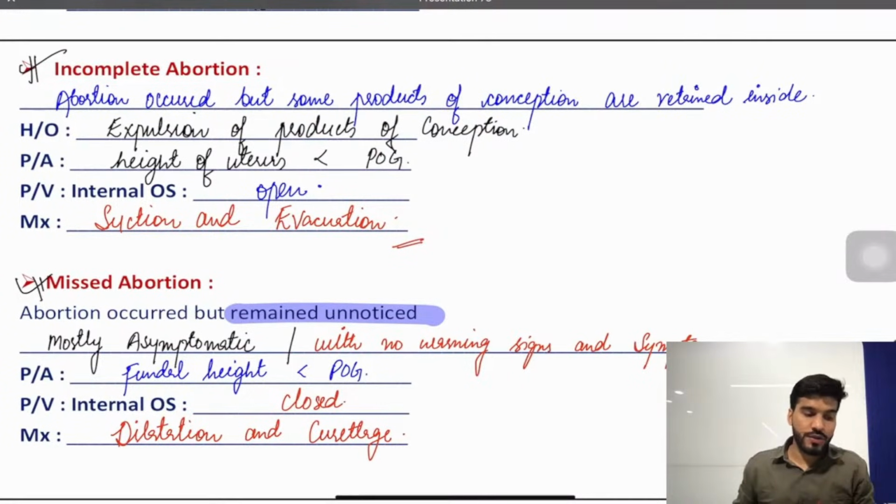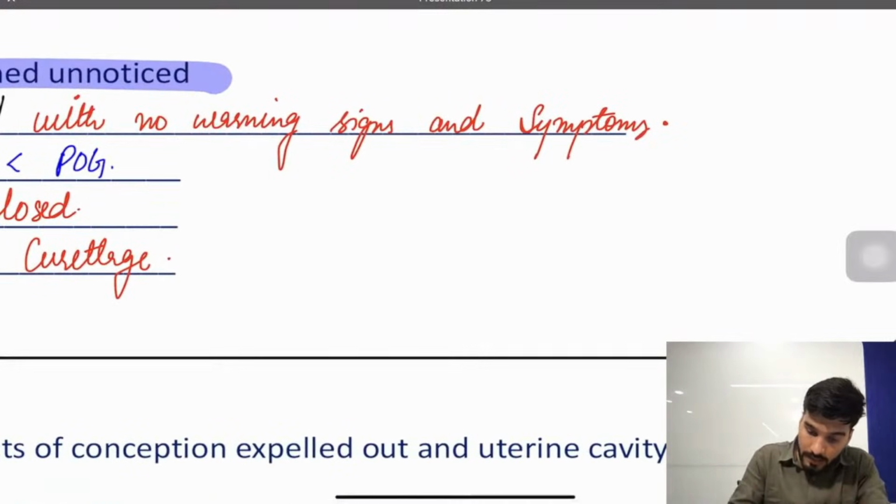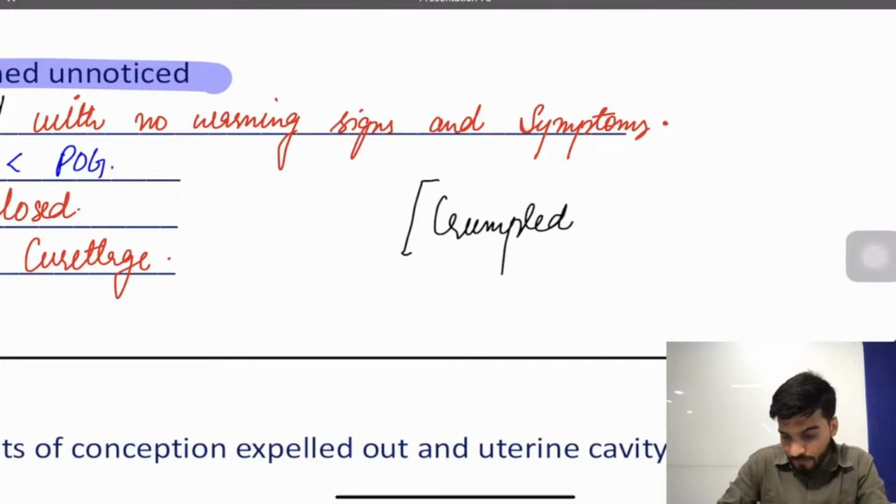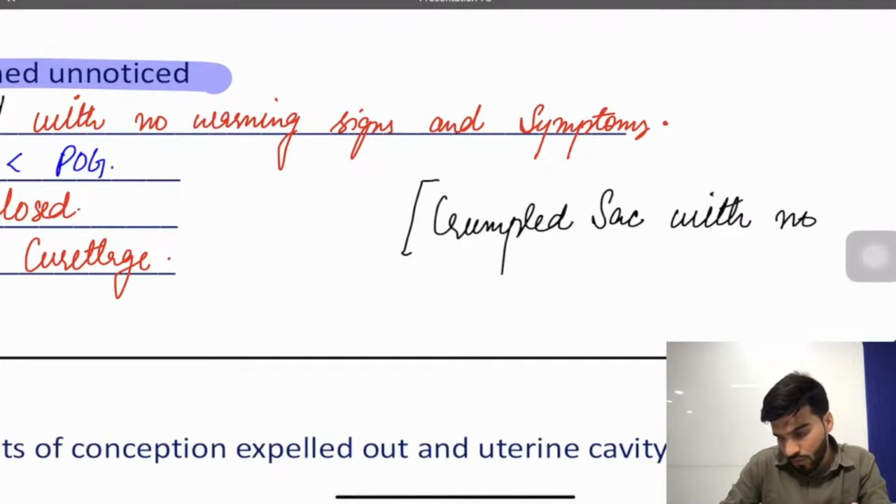Okay, so abortion remains unnoticed because there is spotting and there can be pain or no pain at all. It will be mentioned in the question that there's a crumpled sac with no cardiac activity. Remember the hint line, crumpled sac with no cardiac activity.